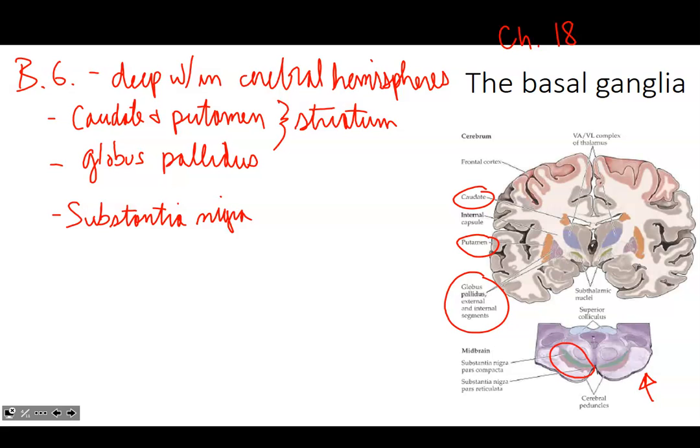It's subdivided into the pars compacta and the pars reticulata, and we will talk about those distinctions. Again, these are midbrain structures, a little bit of neuroanatomy that you probably picked up in human A&P. The midbrain is part of the brainstem, continuous with the spinal cord. These structures are important and also included in the basal ganglia, as well as the subthalamic nucleus.